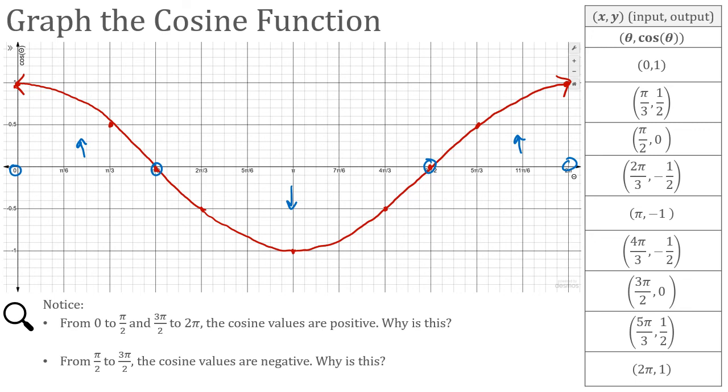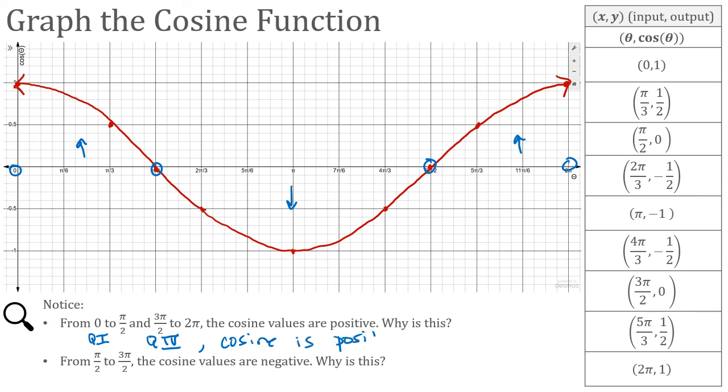Well, the answer is the same as it was for the sine function. From 0 to pi over 2, we are in quadrant 1. And in quadrant 1, the cosine function is positive. From 3 pi over 2 to 2 pi, we are in quadrant 4. And for the cosine function, that's where the cosine values are positive. So quadrant 1 and quadrant 4, the cosine is positive.